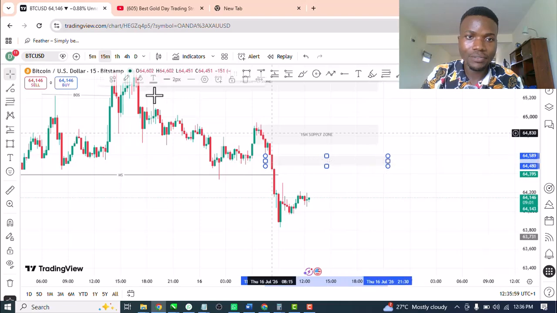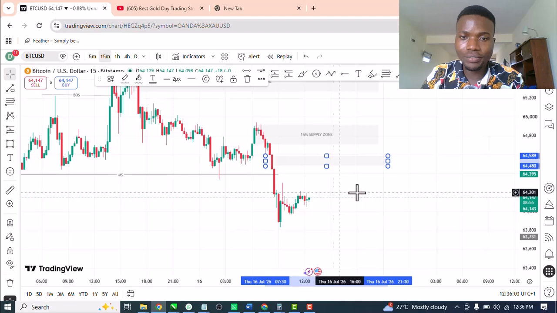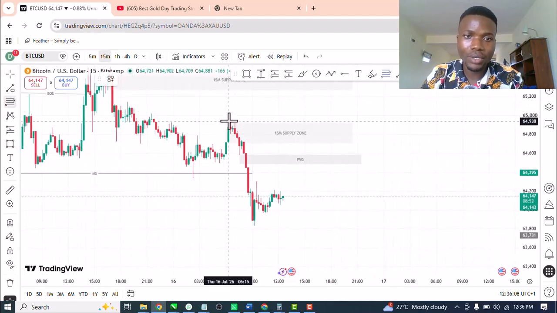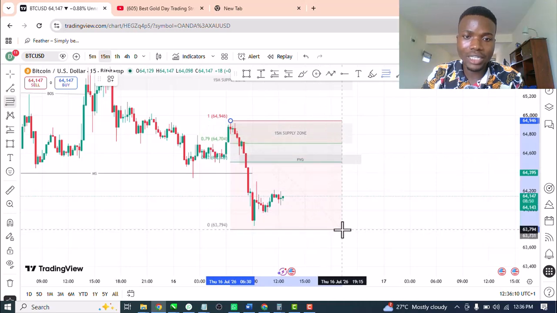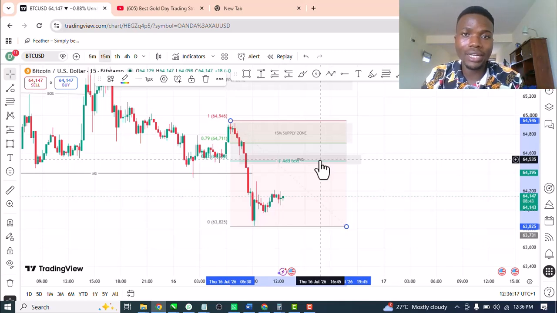There is a fair value gap here, although I don't usually trade fair value gaps. But based on the Fibonacci that I just used, you can see that Fibonacci actually suggests that could be our premium, that could be our discount zone.